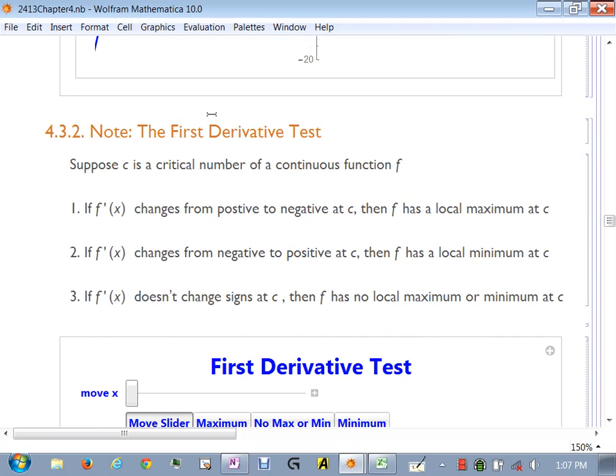So here's what the first derivative test says. There's a first derivative test and a second derivative test. So this is the first one. Suppose c is a critical number of a continuous function. Okay, what does that mean? c is a critical number of a continuous function.